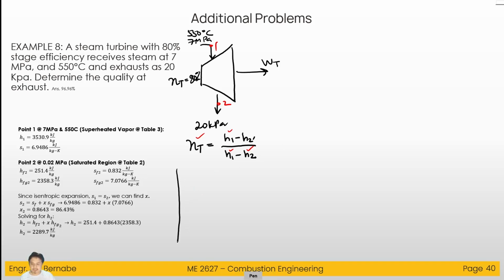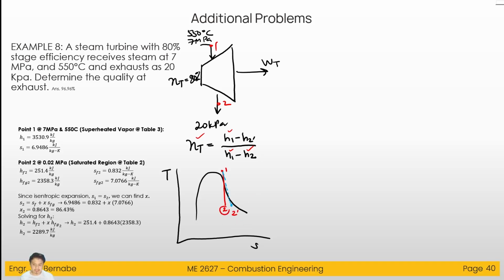So if this is the T-s diagram, you have the saturation line. For isentropic, you have from point 1 to point 2, that is isentropic, but the actual is a little bit deviated to the right, the 2 prime, the actual.